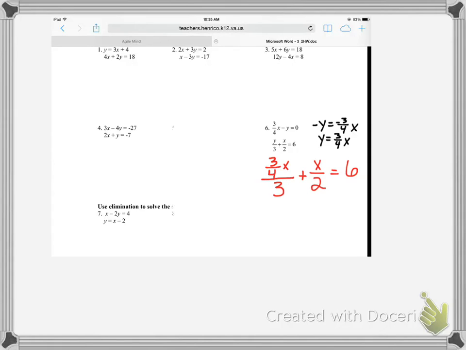Now, when you do 3/4 x over 3, that's the same thing as 3/4 over 3, x. So in your calculator, you could do 3/4 over 3 if you need to. But this doesn't require a calculator. This is just simple math. Make sure you're listening. Anytime you have a fraction divided by some integer, that's the same thing as just take the denominator of the fraction and multiply it times that integer.